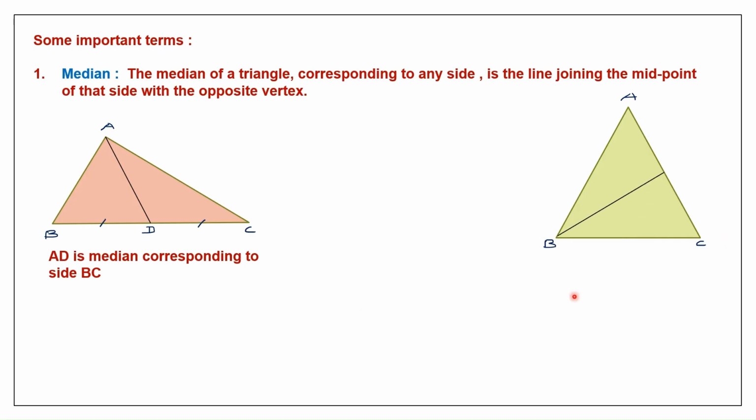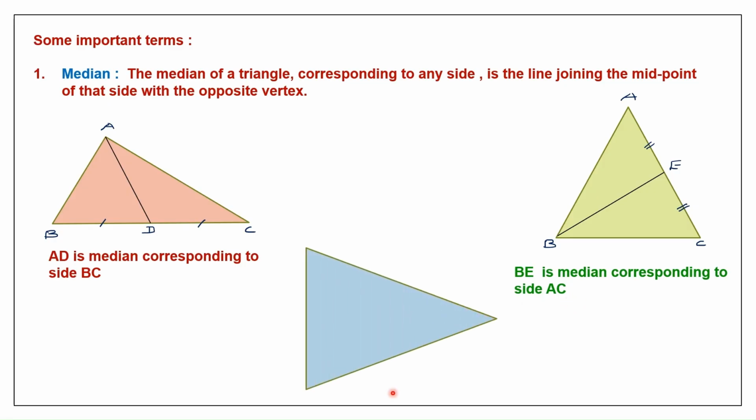Let's name that midpoint E. This has divided AC into two equal parts. That means AE will be equal to CE. The line joining the midpoint of this side with the opposite vertex B is called the median of this line. That means in this case, BE is the median corresponding to side AC.